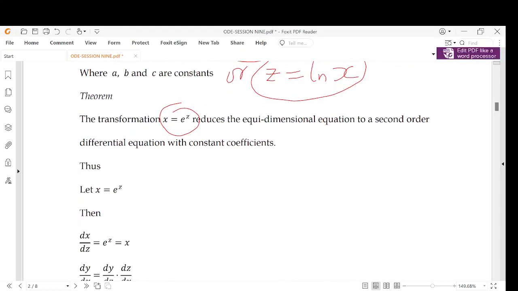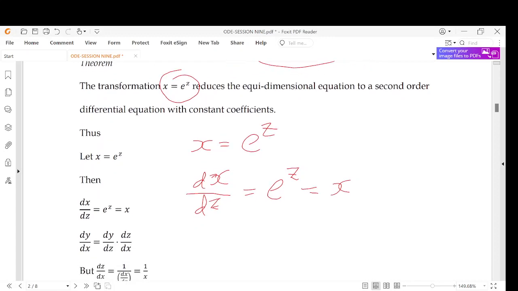So we shall start with x is equal to e raised to power z, and then say that if we differentiate x with respect to z, then we get the same expression, e raised to power z, which is basically equal to x. So that dx by dz is equal to x.